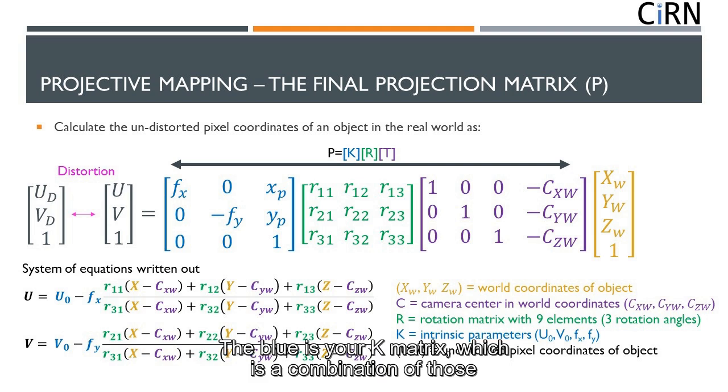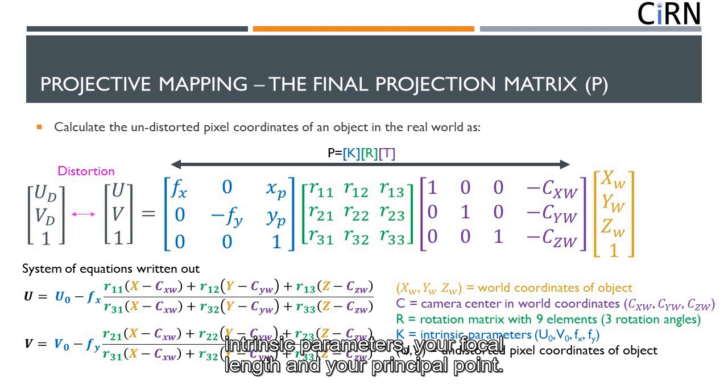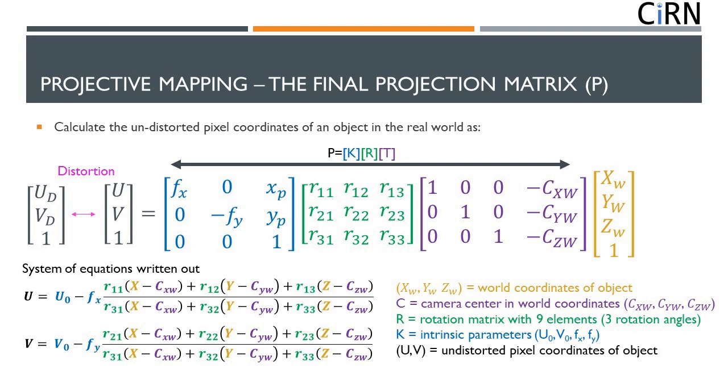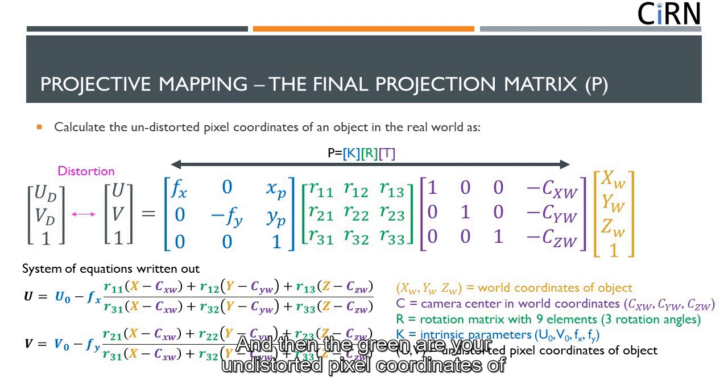The blue is your K matrix, which is a combination of those intrinsic parameters, your focal length and your principal point. And then the green are your undistorted pixel coordinates of the object. And the star is to remind you to homogenize so that you end up with 1 there.